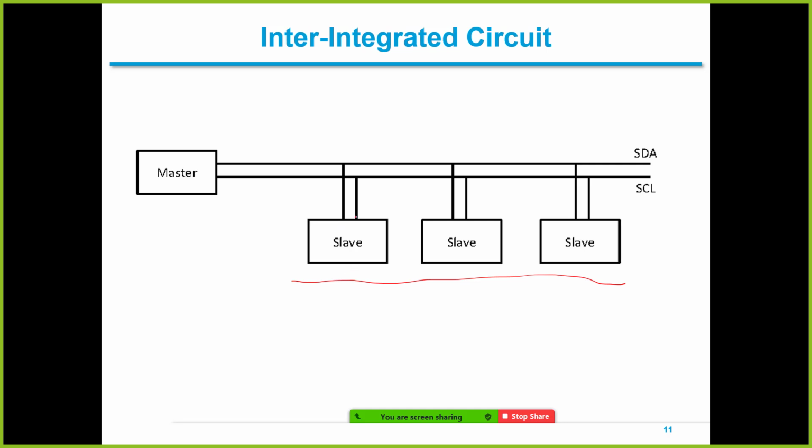The slaves share the buses. Here we have two buses for the I2C, SDA and SCL, because there is only one master. So the slaves have to share the buses.